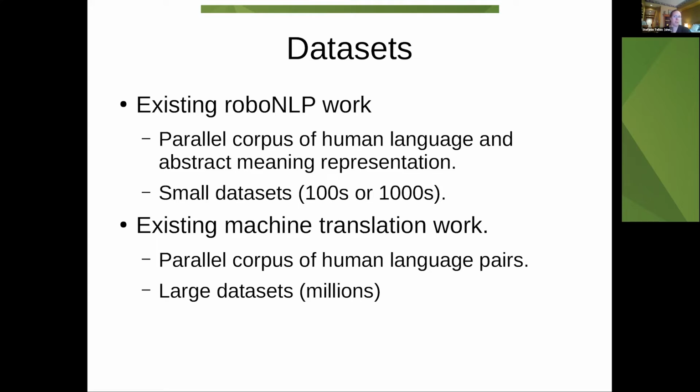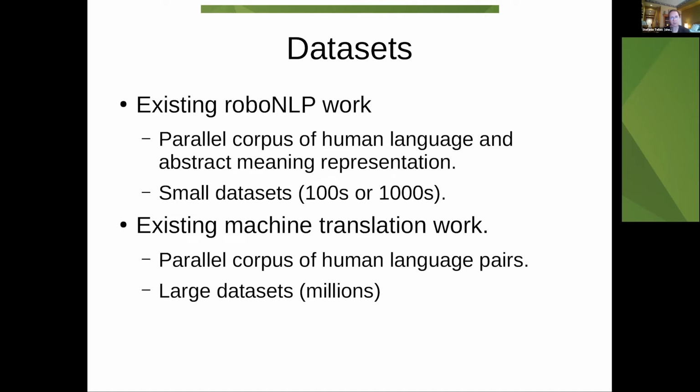But the problem still, and I alluded to this before, is that almost all existing work in robotics and NLP has some kind of parallel data set of human language paired with some kind of abstract meaning representation, robot-ese, the robot's language. Because of that, these data sets are necessarily very small, with hundreds or at most thousands of examples of English going to this abstract representation.